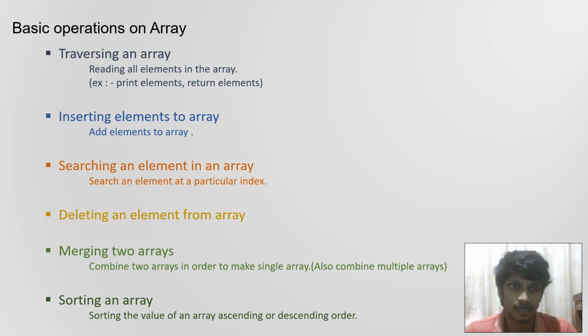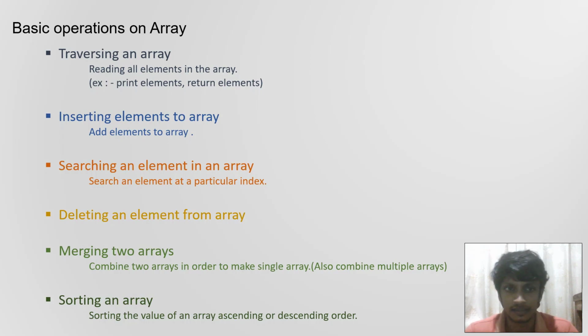Basically, examples like printing elements contained in the array, or just returning elements of the array. So we can use methods and functions in order to do those things, and I will explain those later.